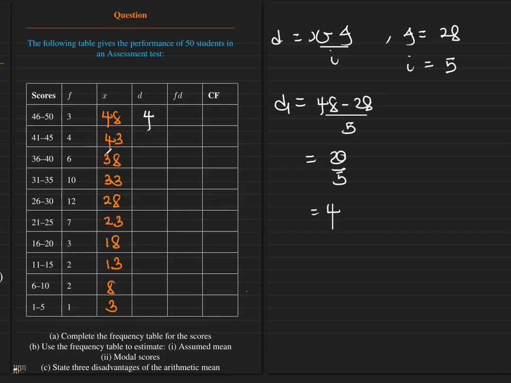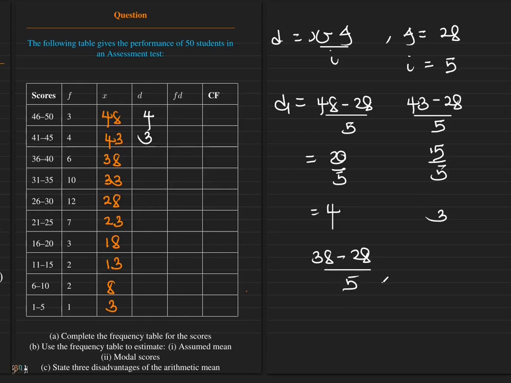Then we do the same for this. This time around it becomes 43 minus 28 all over 5. That is going to give us 15, so 15 over 5 will give us 3. So for the second one, we have a 3. Then we do for this. We have 38 minus 28 all over 5. 38 minus 28 gives us 10, so 10 over 5 is equal to 2.